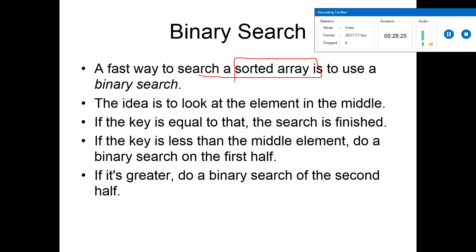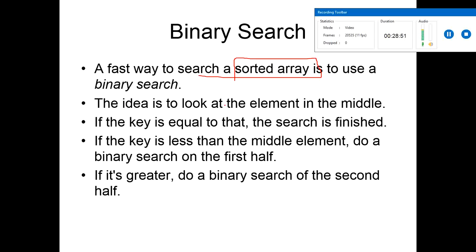So if we are using a binary search algorithm on some array, first of all we need to sort that array. You can sort the array using any of the sorting techniques which we have discussed. The first thing is your array should be sorted. If your array is not sorted, first of all you have to apply some sorting algorithm.